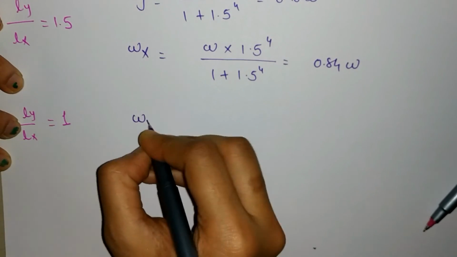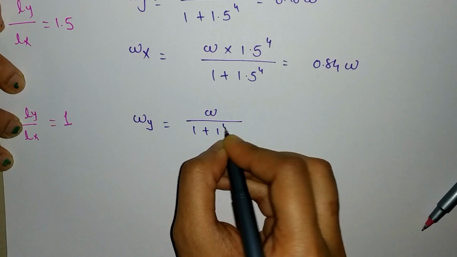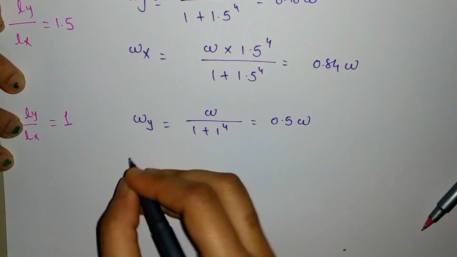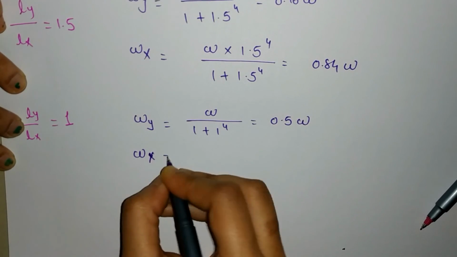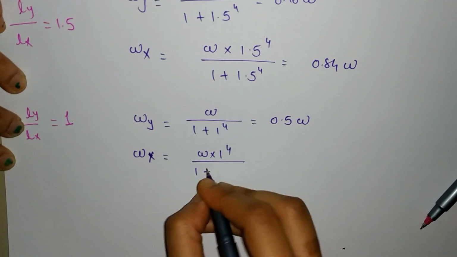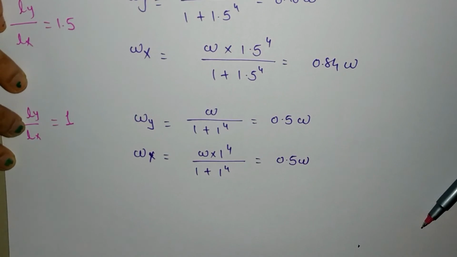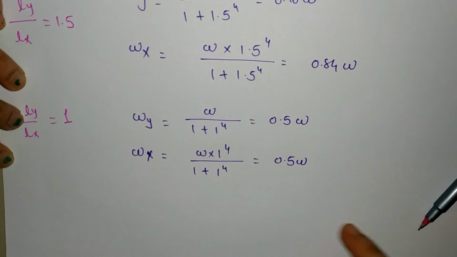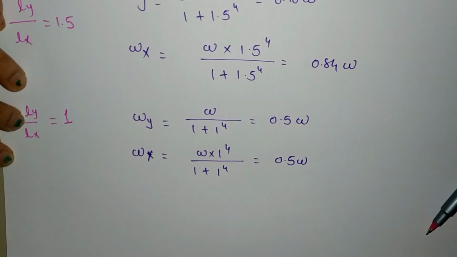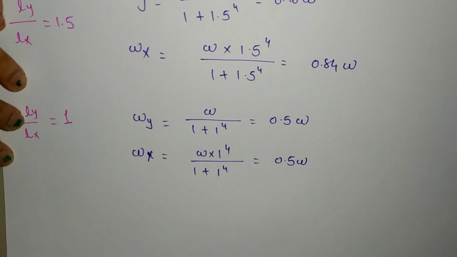Wy is W upon 1 plus 1 raised to 4, which is equal to 0.5 W, and Wx will be W into 1 raised to 4 upon 1 plus 1 raised to 4, again 0.5 W. In this case we can easily understand that the load carried by both directions is the same, and that's why we have to provide main reinforcement in both directions.